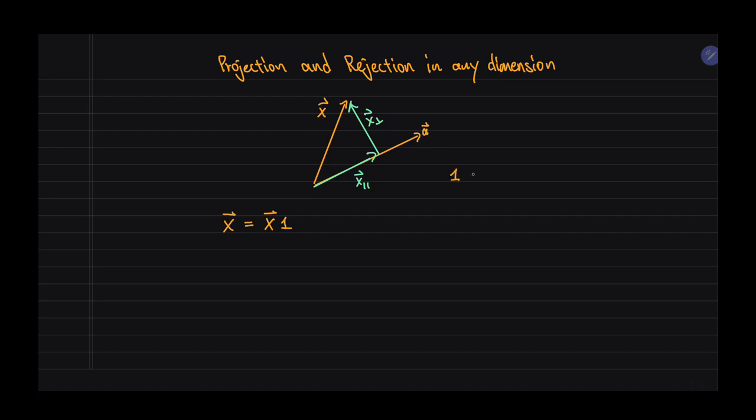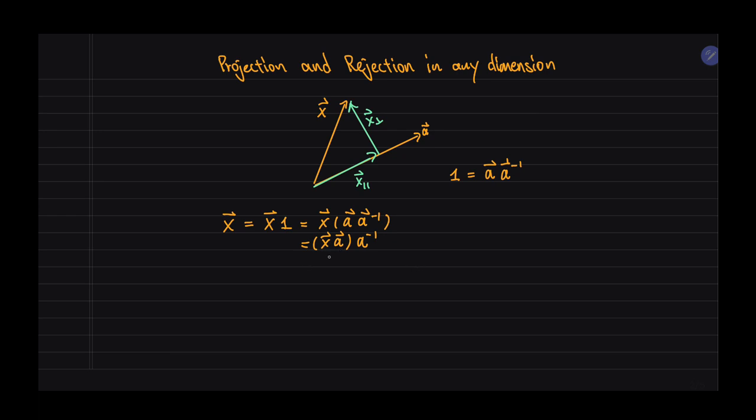But we also know that 1 can be written as the geometric product from vector a to vector a inverse. So then we write vector x, vector a, vector a inverse. Since the geometric product is associative, instead of calculating a and a inverse, we can calculate vector x geometric product vector a, then a inverse.